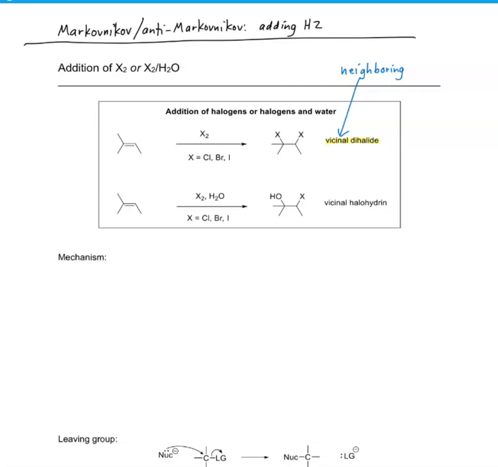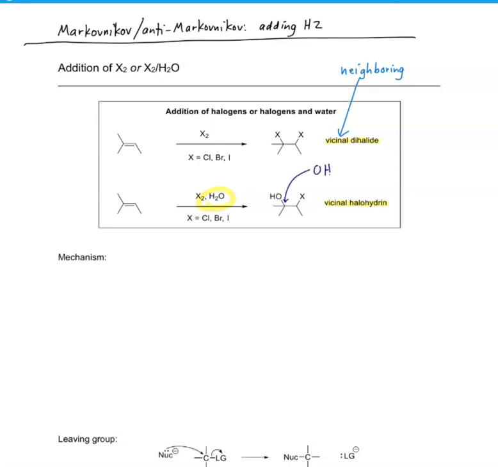If instead of just the halogen, you also have some water in the reaction mixture, then you're going to get a structure shown to the right, which is called a vicinal halohydrin. Now this has a particular regiochemistry associated with it. So we're going to note that, but then we're also going to talk about it when we look at the mechanism.